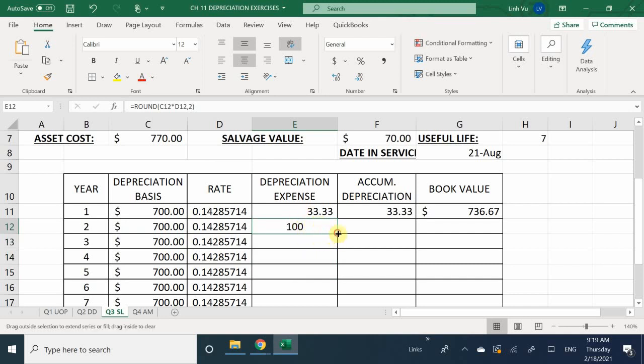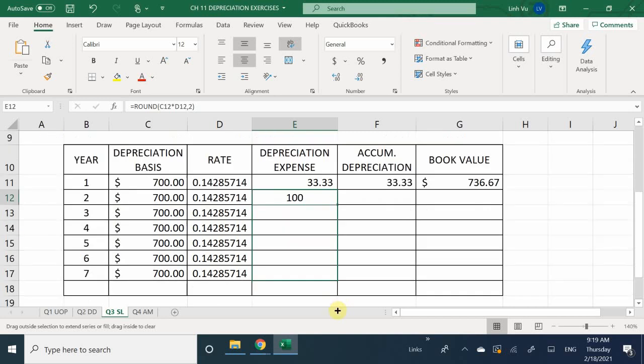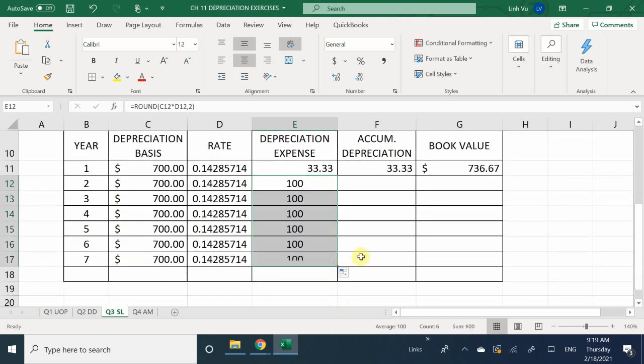That means I have to depreciate it for 100 for the next 7 years.